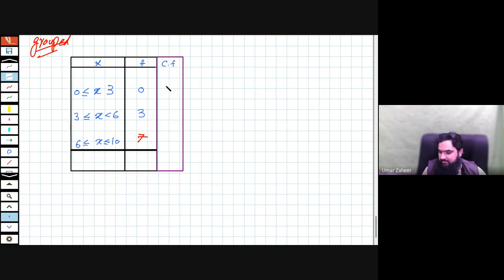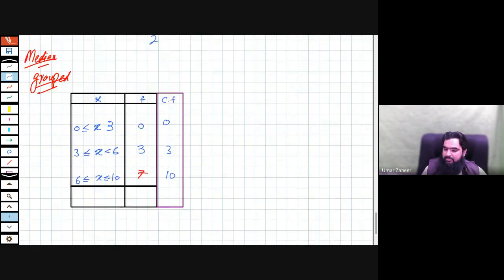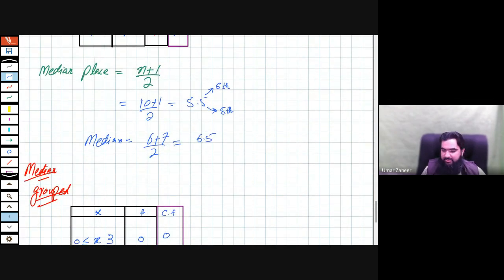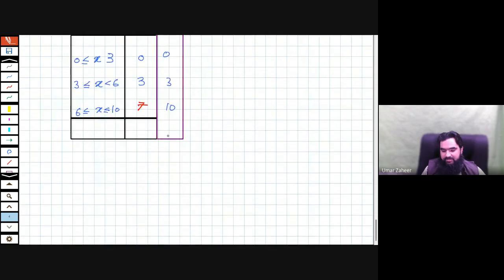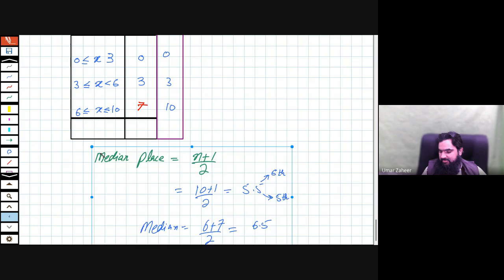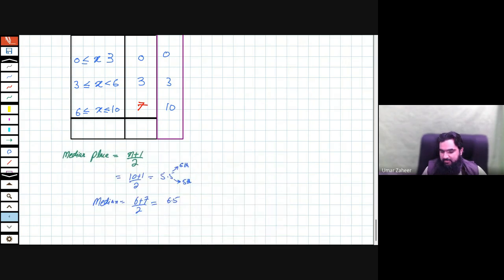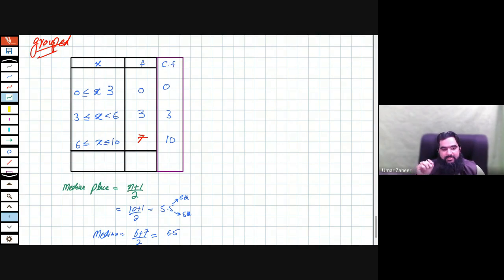Cumulative frequency 0, 0 plus 3 is 3, 3 plus 7 is 10. We are going to use the same formula to find the median, n plus 1 divided by 2, to get the places. So these are the places. The median will be where the fifth and sixth values lie. In which group do the fifth and sixth values lie? Anyone?